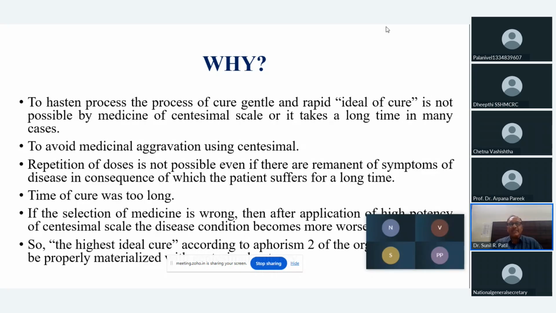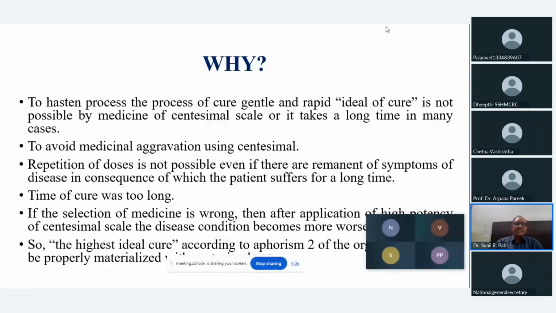Decimal and centesimal scales have a number of aggravations, so they are not like the ideal cure. To avoid medicinal aggravation using the centesimal scale, another potency is required.